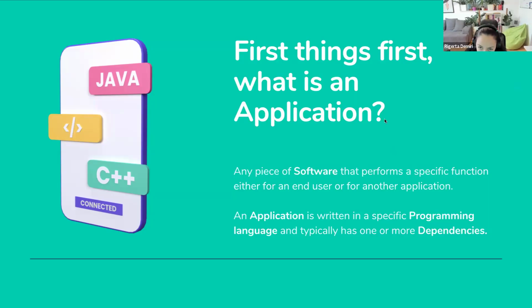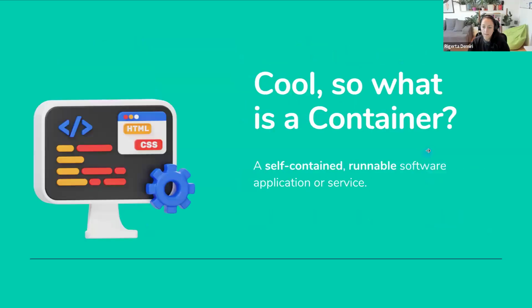Cool, so I was talking about applications and how they are written in different programming languages and how they have dependencies and so on. And now we want to talk about containers. So what is a container? A container, it's a bit funny to say, is a self-contained, runnable software application or service.